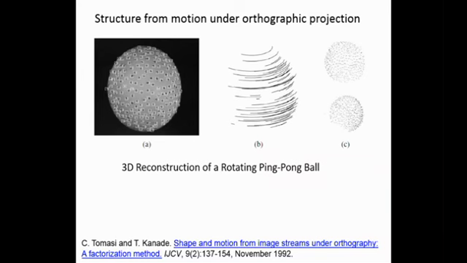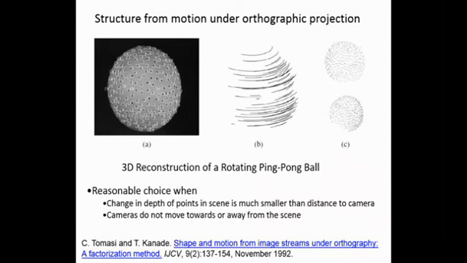And then we have tracks or some correspondences of the points again, and then we're going to reconstruct the values from that. This assumption can work when the depth of the points in the scene is much smaller than the distances to the cameras, and also the cameras are not moving towards the scene or away from it, or at least that motion is really small compared to the lateral motion.